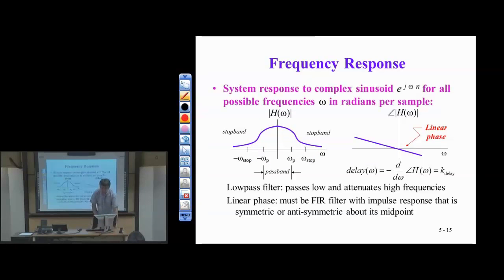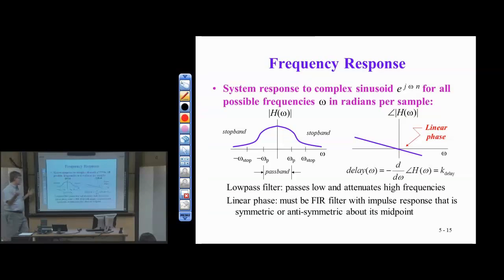Right, so here is one example of a magnitude and phase response. So again, frequency response: our system responds to a complex sinusoid e to the j omega n for all possible frequencies, and that is our frequency response. Now, in continuous time, we have all the possible frequencies from minus infinity to infinity to worry about.